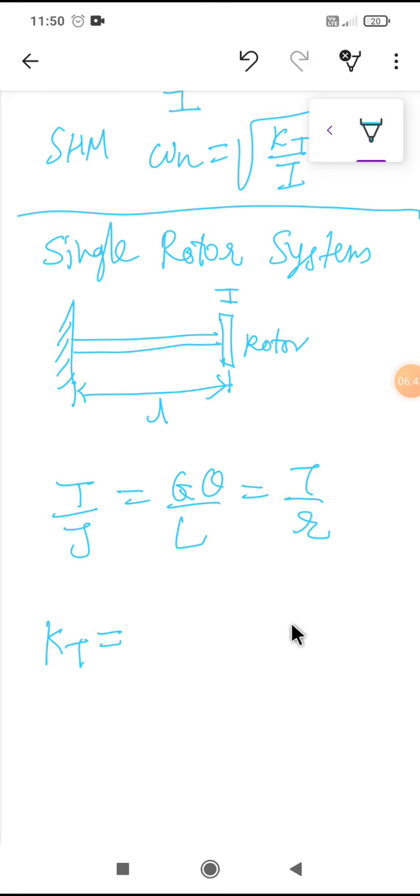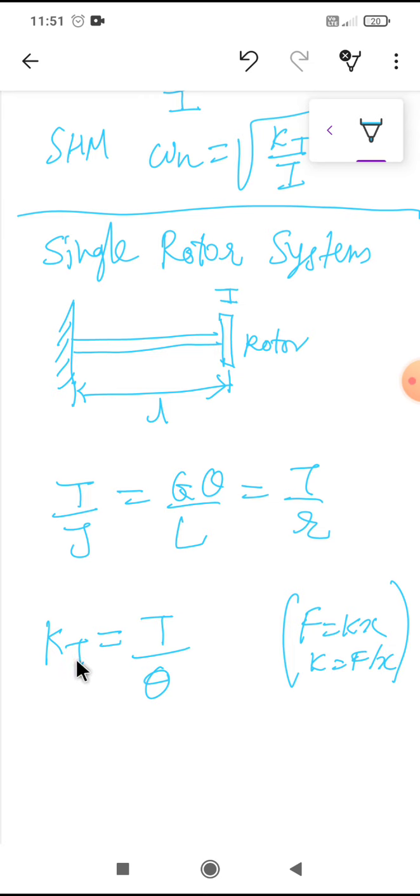In linear stiffness, F is equal to kx, so k is equal to F by x. Similarly here, kt will be equal to torque instead of force, and angle theta instead of distance, so kt is equal to T by theta. If I want to find T by theta using these two equations, bringing theta here and J to the right side, I will get GJ by L.